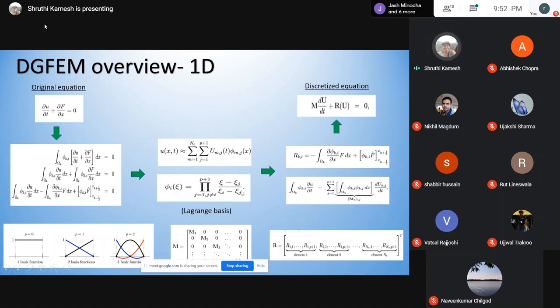Now, once I'm done approximating my solution like this, I put it inside each term. So this is the first integral term. You try to solve the integral inside the equation, and you substitute this formulation inside that, approximating the solution like this.